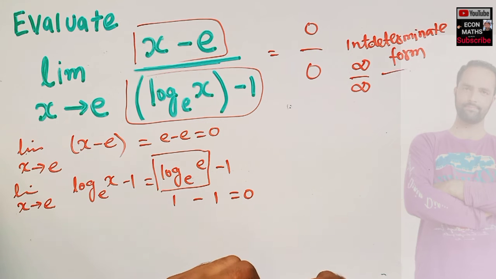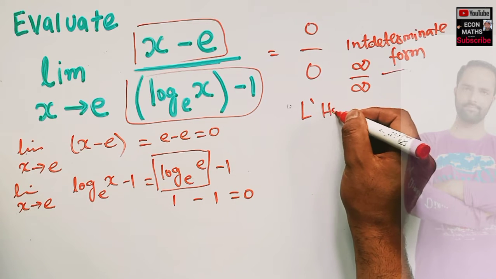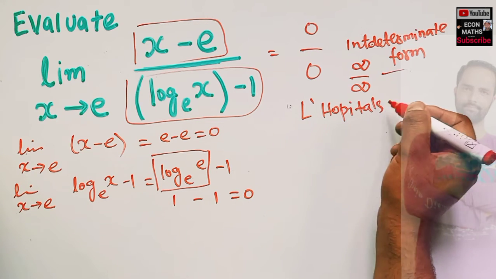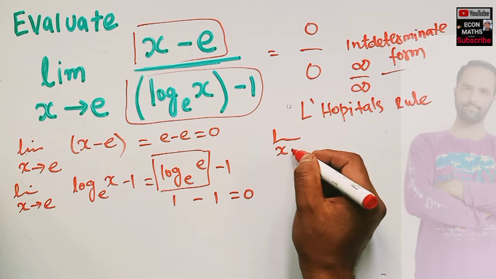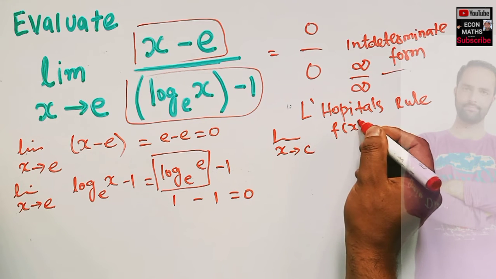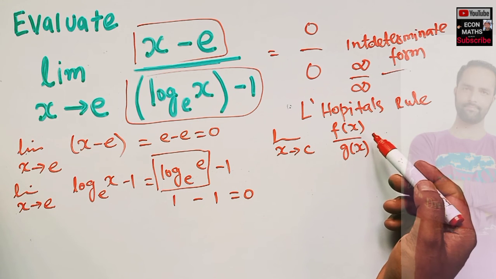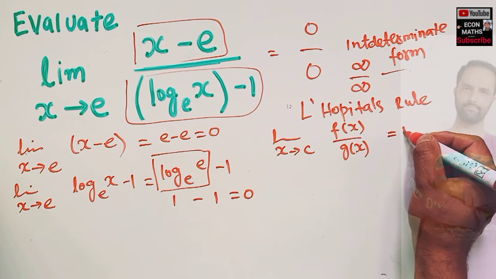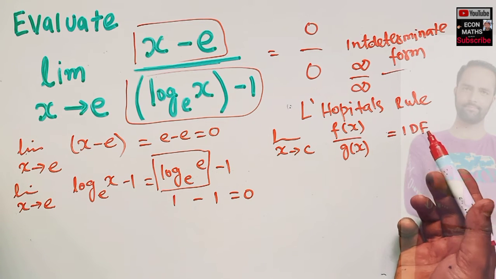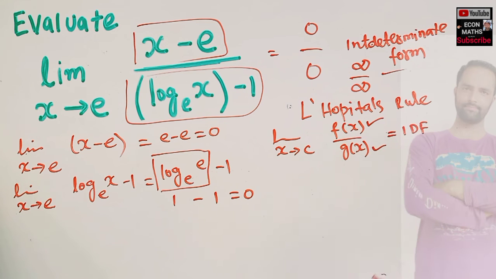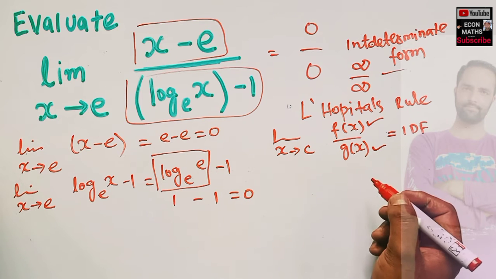L'Hopital's rule simply says, if we have, let us say, the limit as x tends to c of f of x upon g of x, and if I evaluate this function and get the indeterminate form, then to get rid of it, we take the derivative of numerator and denominator and then apply the limit.